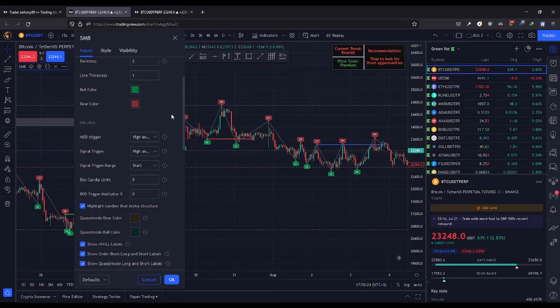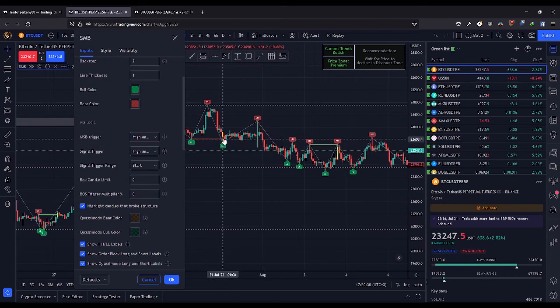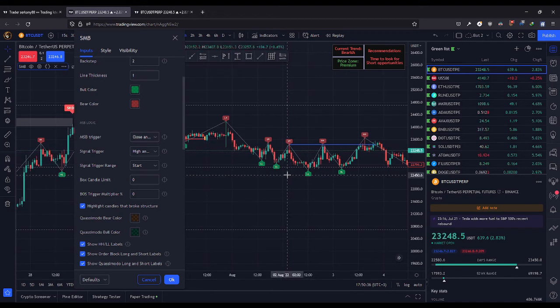You can change this to high and low, which is going to be drawn when the high or low just breaks the structure. But I think this close and open system is more reliable because you want the close and open lines of the market to be above the previous high or low, above or below.